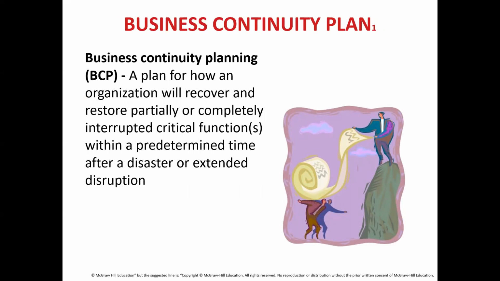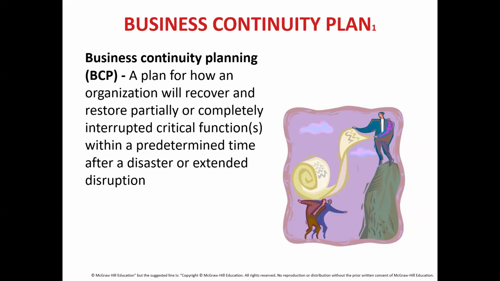Business continuity plan. A BCP is a plan for how an organization will recover and restore partially or completely interrupted critical functions within a predetermined time after a disaster or extended disruption. Natural disasters and terrorist attacks are on the minds of business professionals who take safeguarding their information assets seriously.